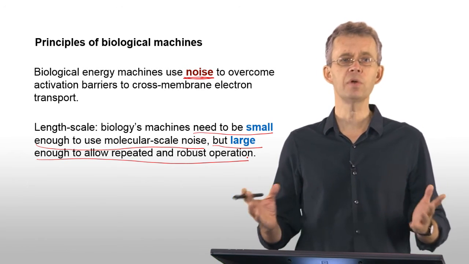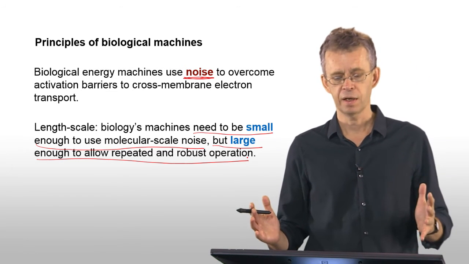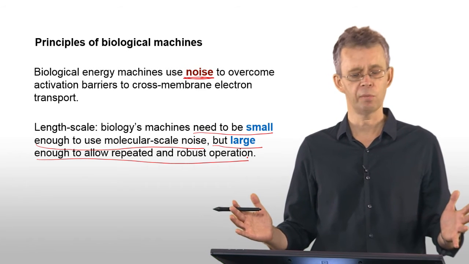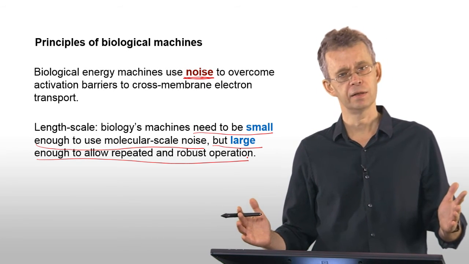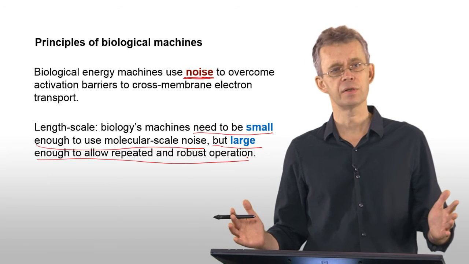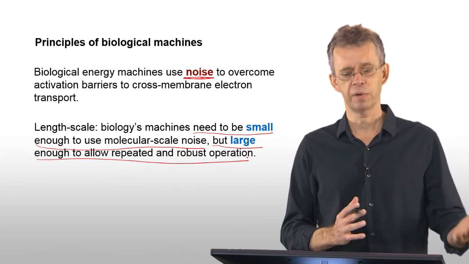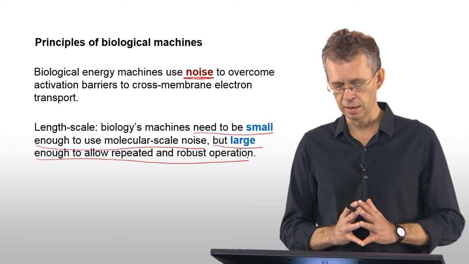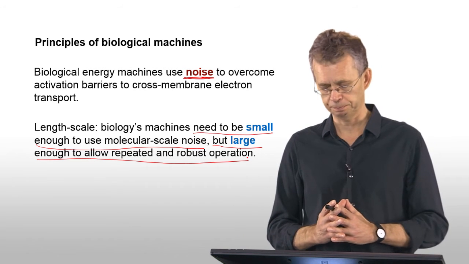So the scale of proteins is actually optimal for performing these two purposes. They can still feel the noise from thermal motion, but they are large enough, in the size of hundreds and thousands of angstroms, to be able to provide repeating action and some robustness to the entire operation.